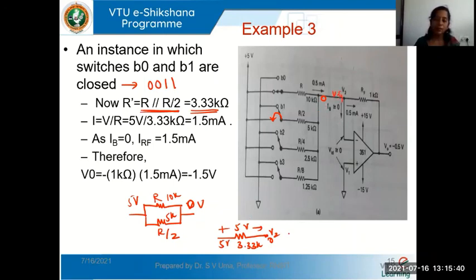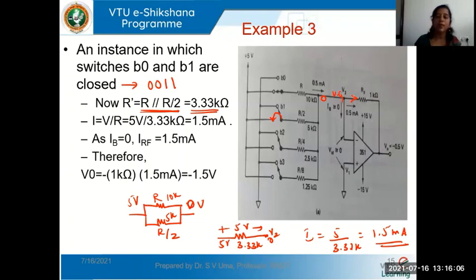So the value of current is 5 divided by 3.33K, which will give you around 1.5 milliamps. All the 1.5 milliamps will flow through the feedback resistor and not into the op-amp.